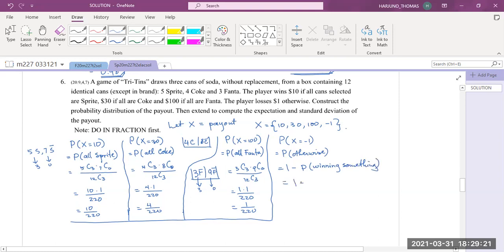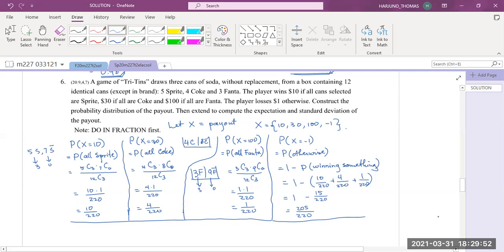That is 1 minus 10 over 220 plus 4 over 220 plus 1 over 220. That's 1 minus 15 over 220. You do LCD, boom, 205 over 220. That's the probability of losing $1.